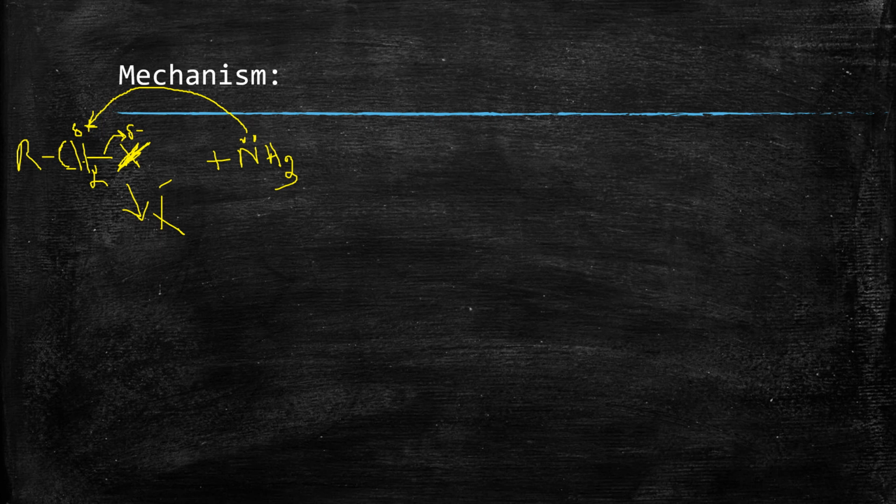And this nitrogen forming a bond with this carbon, we will get a product like this, RCH2NH3, and a positive charge developing on this, right? Why?